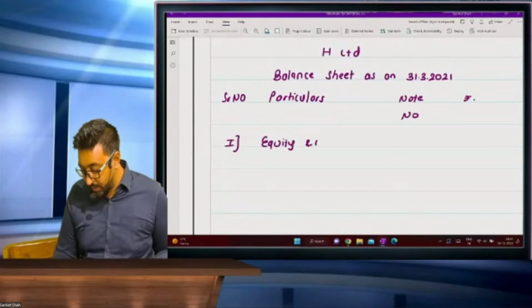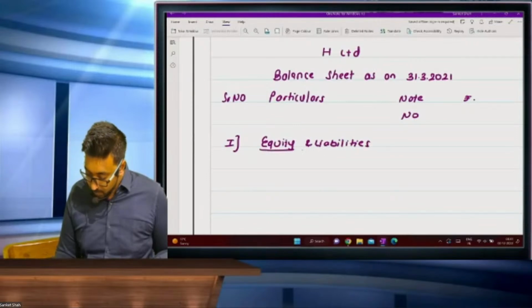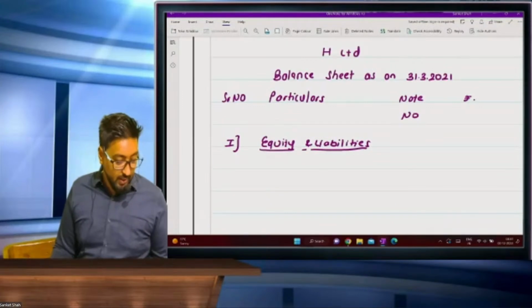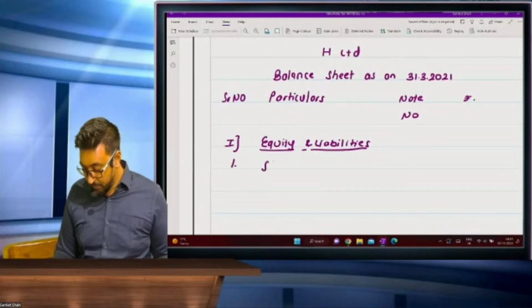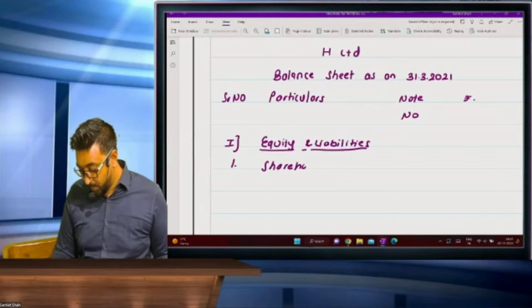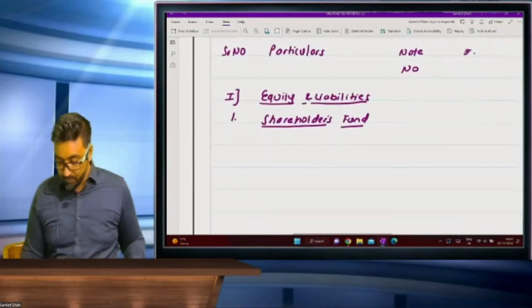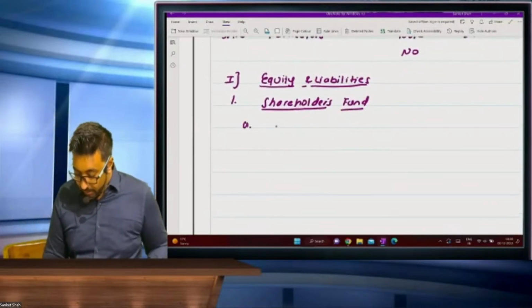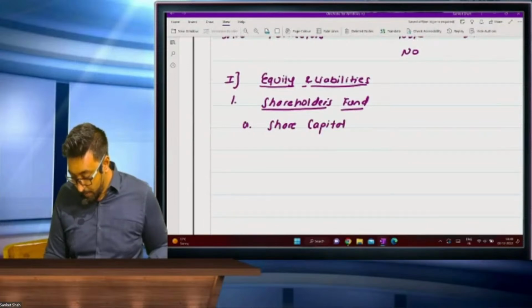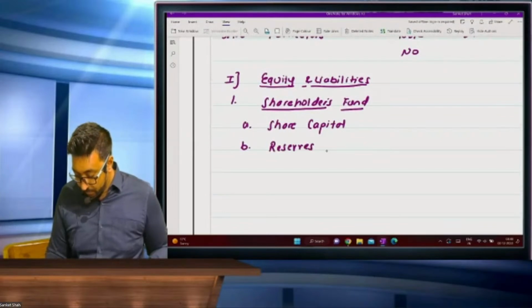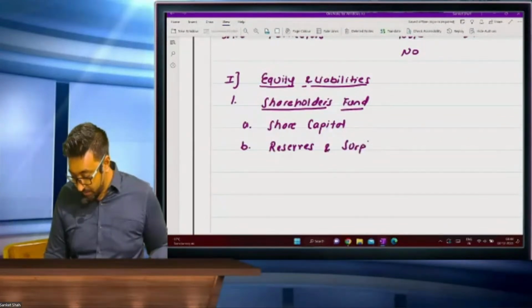Equity and liabilities. 1. Shareholders fund. Underline. A. Share capital. B. Reserves and surplus.